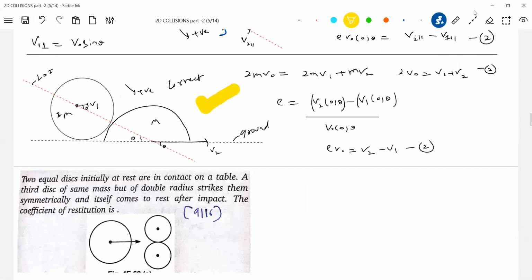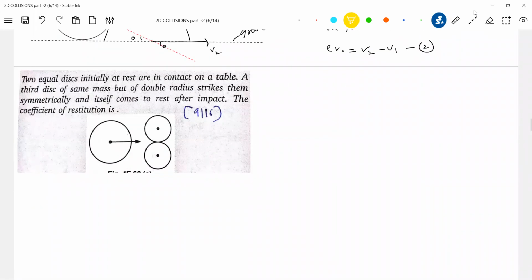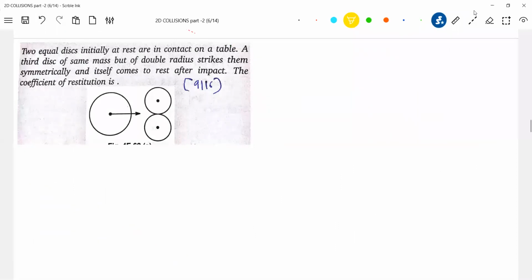Okay, now come to the next one. Draw that. Anyway, these are disks, nothing to do with the ground. They're placed on a horizontal surface. They collide, they come in contact, and let's try to analyze here. So this is the common point.